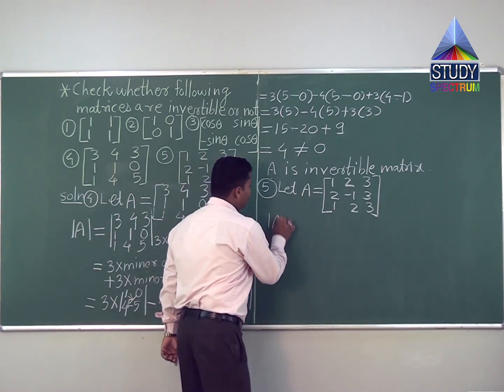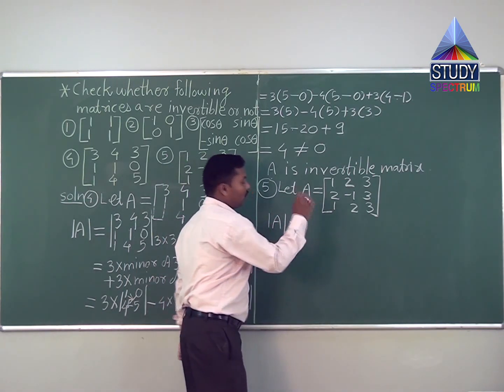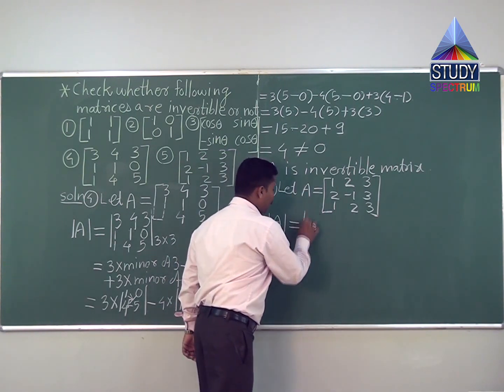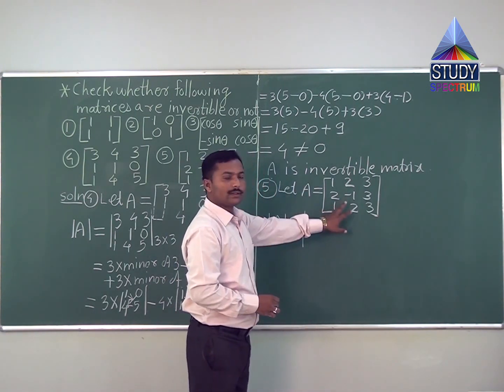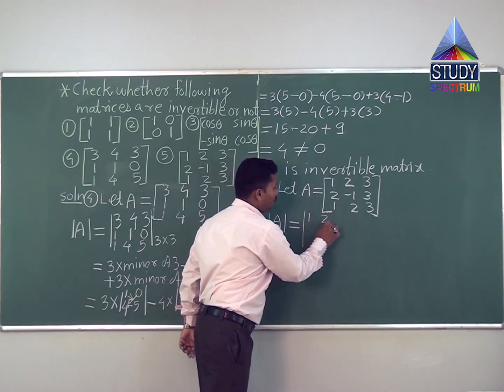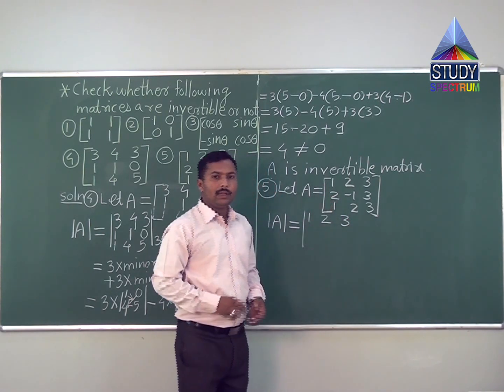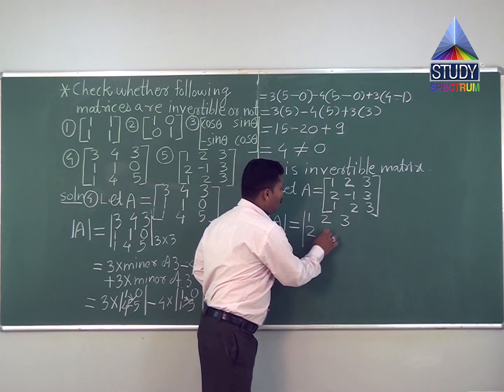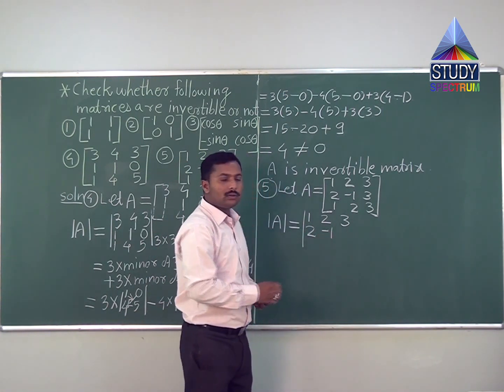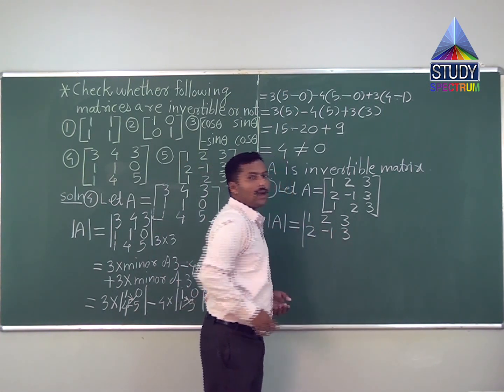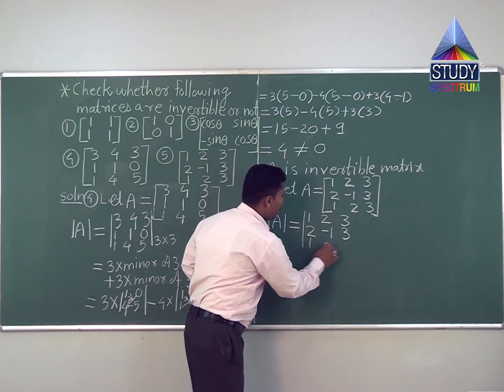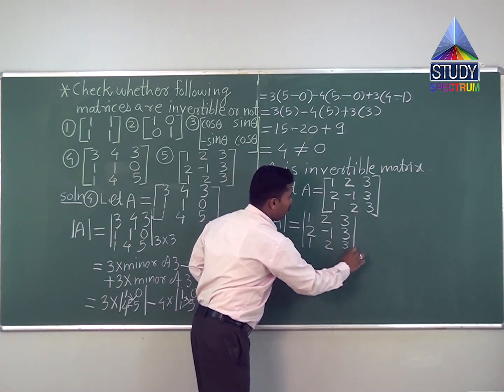So determinant A equals the determinant of this matrix: 1 2 3, 2 minus 1 3, and last 1 2 3.